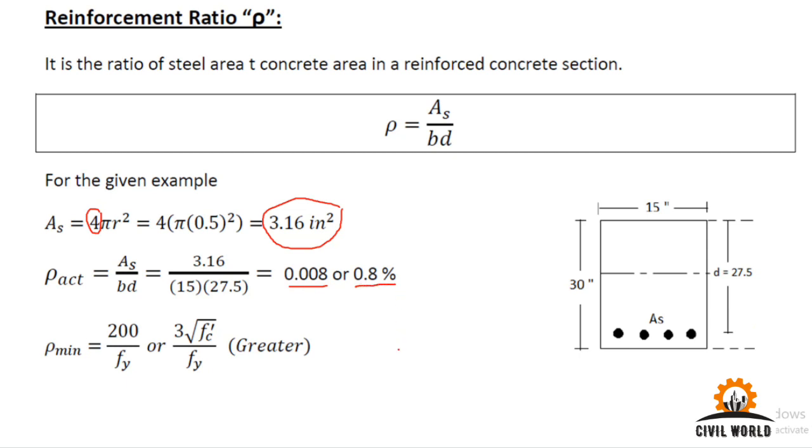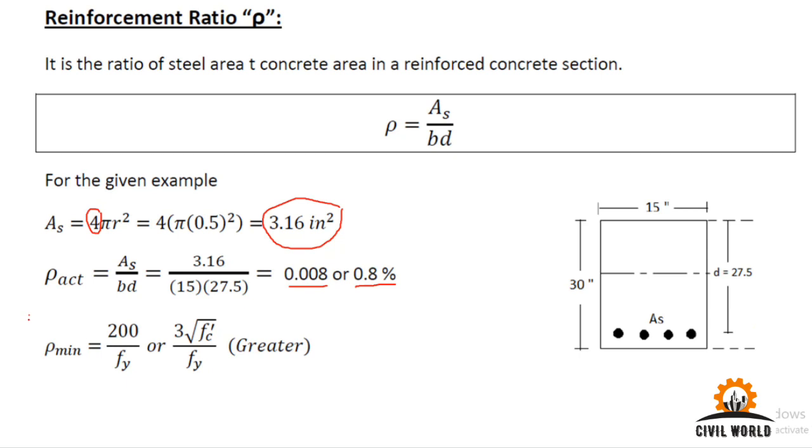So your reinforcement ratio is normally in the range of 1% in case of singly reinforced beams. So this is actually the currently used reinforcement ratio, but we have some limits for these reinforcement ratios as well. We have minimum limit and then we have maximum limit for this reinforcement ratio because of different reasons.